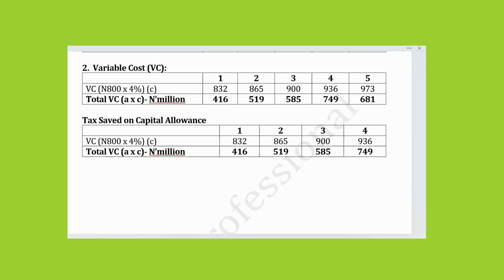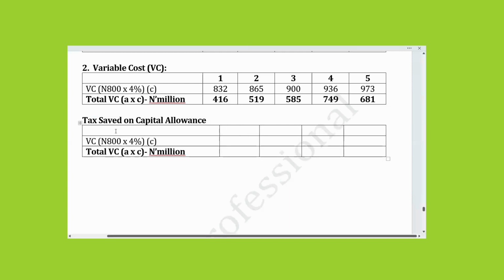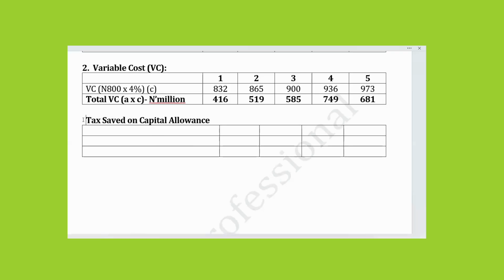So I can either use capital allowance to reduce my tax liability, or I use tax saved on capital allowance to reduce the tax liability. Whichever one I use, I will get the same answer. But like I mentioned, at all times, always use tax saved on capital allowance because it's there in the format you are using for the calculation of your NPV.